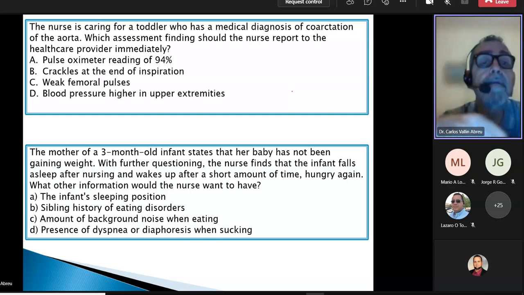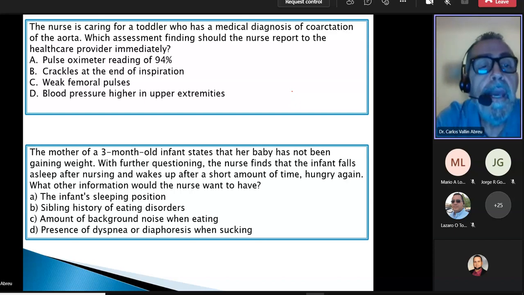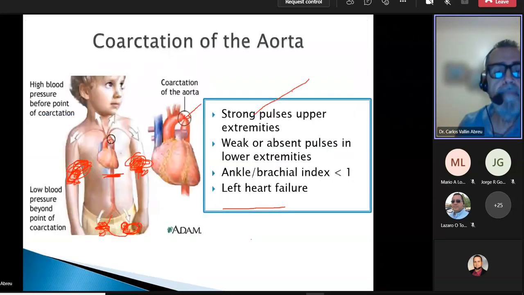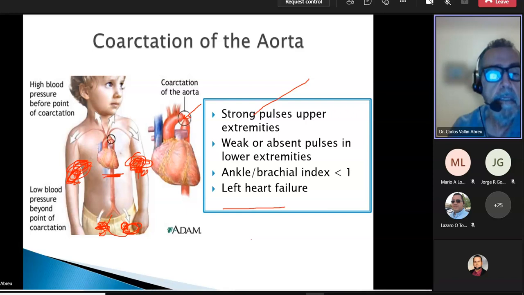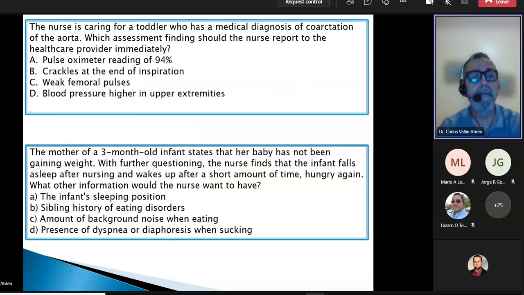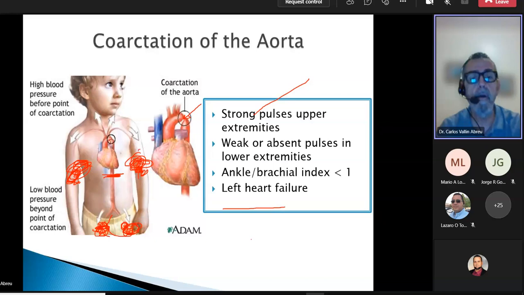Make sense? Here we have the same situation. A slightly low oxygenation is expected and is not critical. Weak femoral pulses are expected. You don't report something that is expected in a condition that has already been diagnosed. Having the blood pressure higher in the upper extremities than in the lower extremities is also expected, because we said the obstruction affects the lower extremities, not the upper extremities.